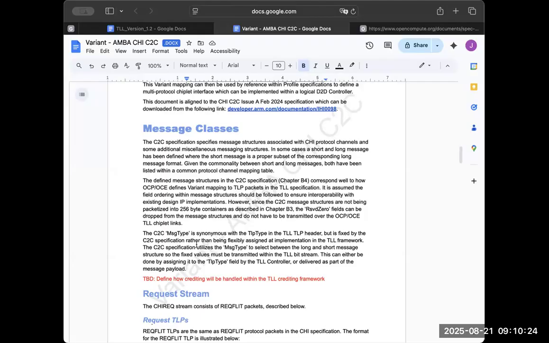The one area that's kind of interesting is this message type, which I think is synonymous with our TLP type, but it looks like they use it for selecting the message format, whether it's short or long, whereas what David had specified in the V1 profile, which has variants in it as well, is that the format is selected by the opcode, the transaction opcode.